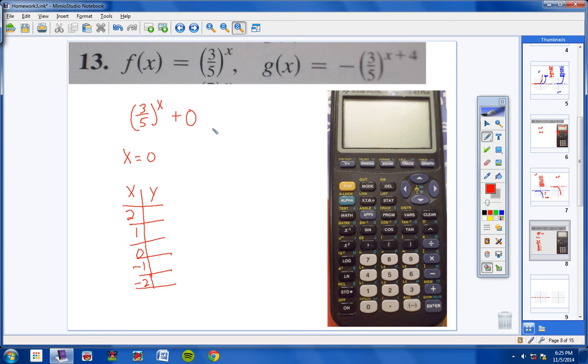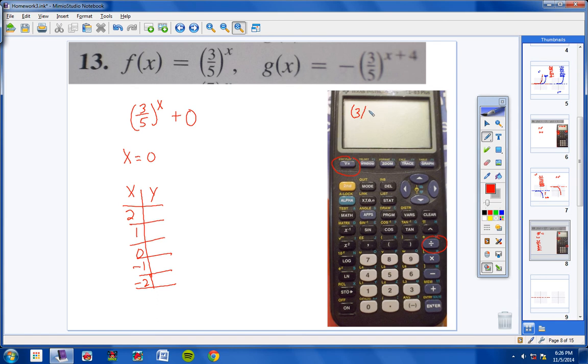Alright? Now, here's how you type this into your calculator. And please take some really good notes on this, students, okay? First, you would hit y equals, of course. And then you would put 3/5 in parentheses. So hit parentheses, then 3, then hit divided by, okay? And this will pop up.